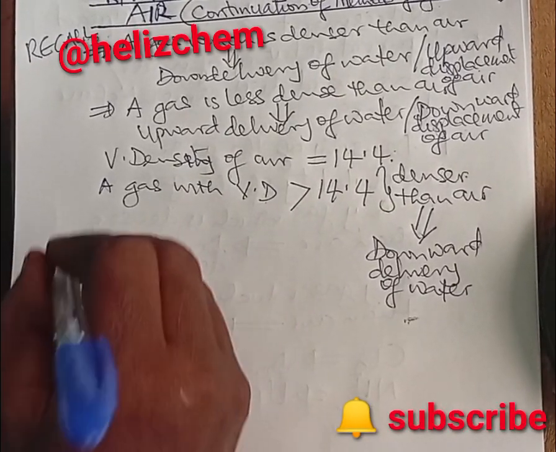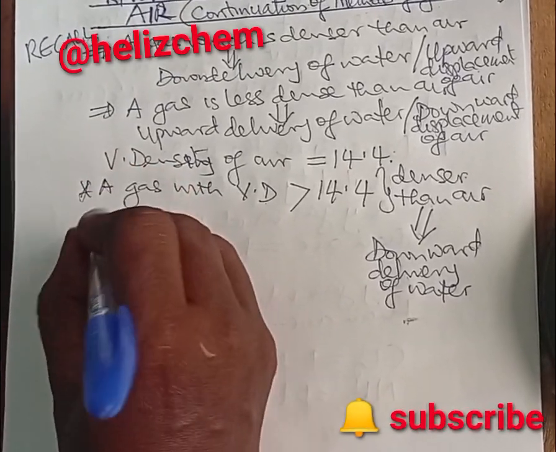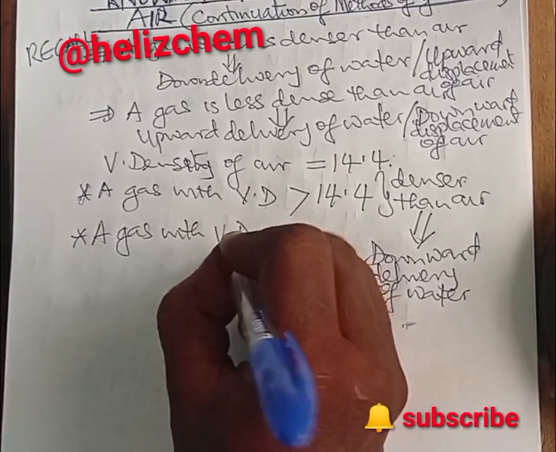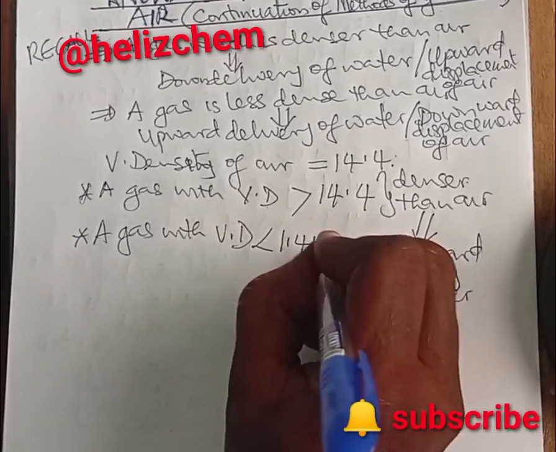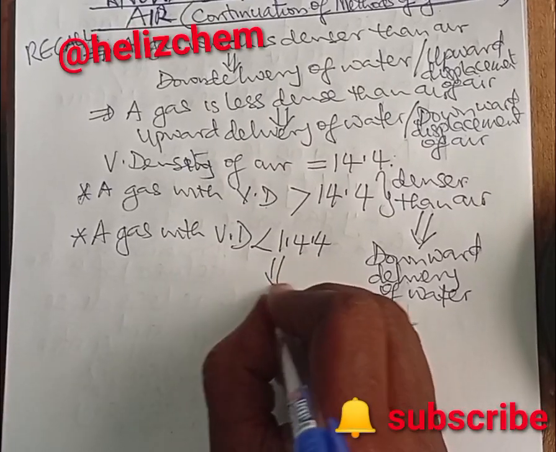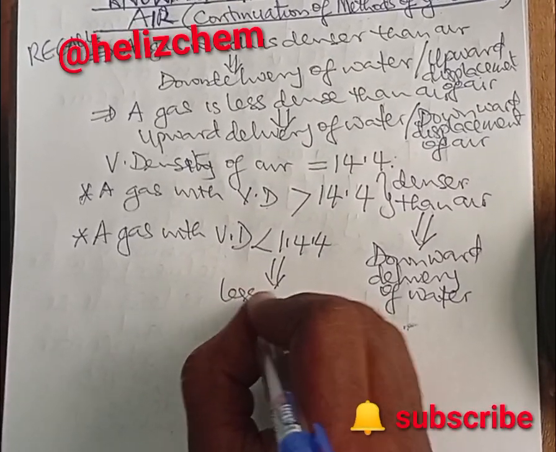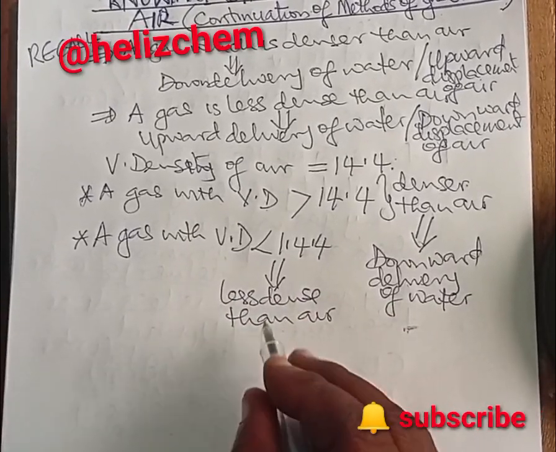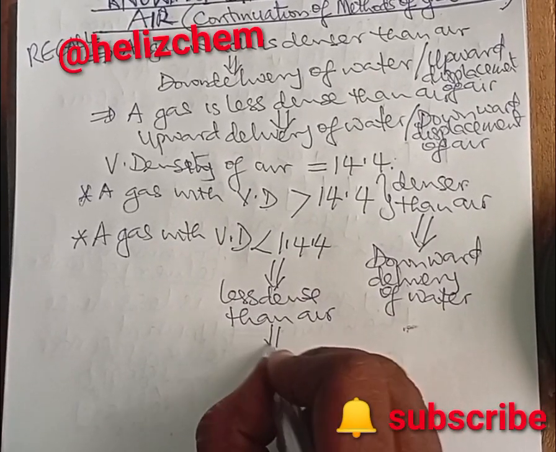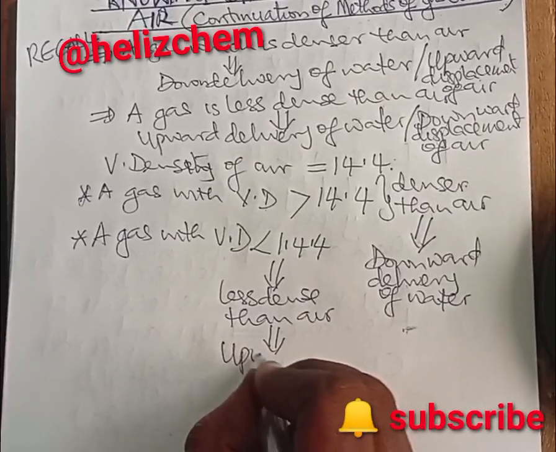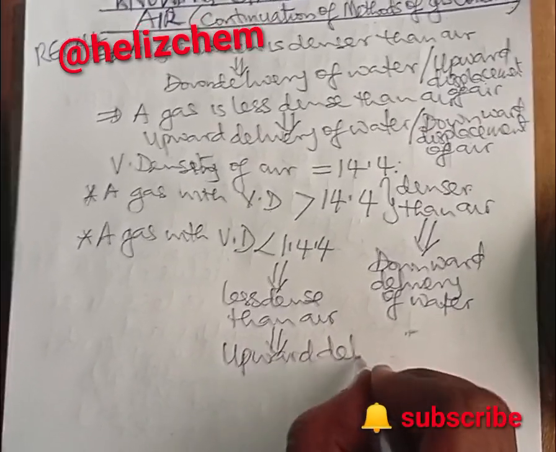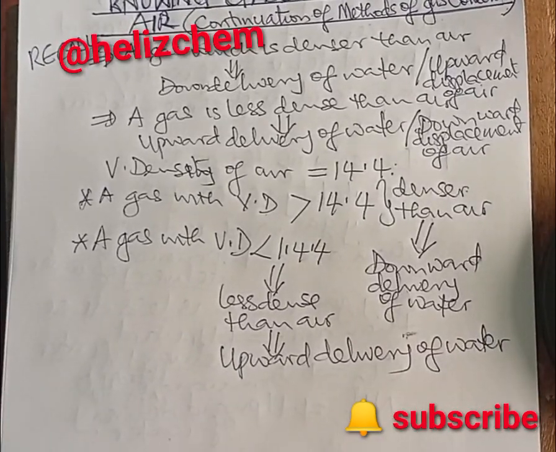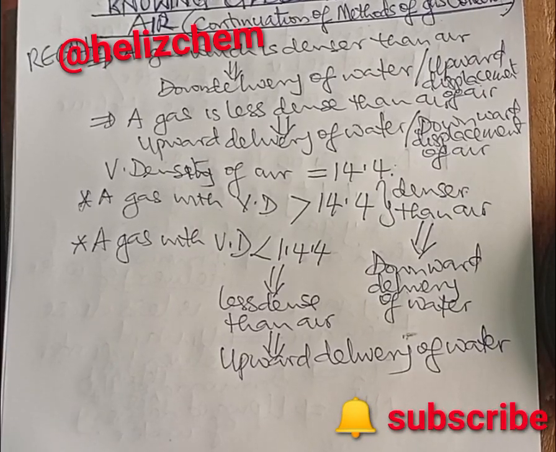On the other hand, if you have a gas with vapor density less than 14.4, then such a gas is less dense than air, and the best method to use is upward delivery of water, otherwise known as downward displacement of air.